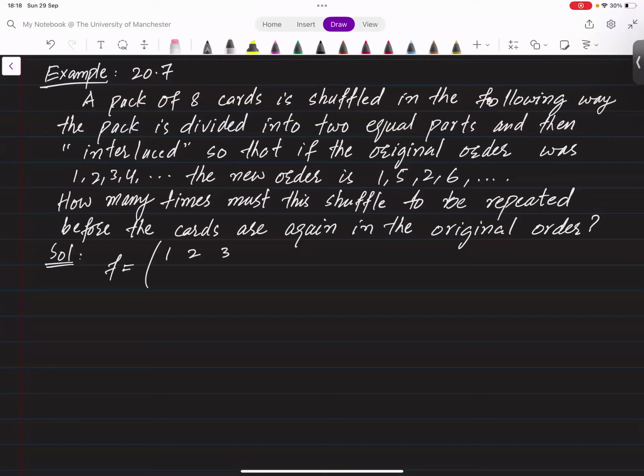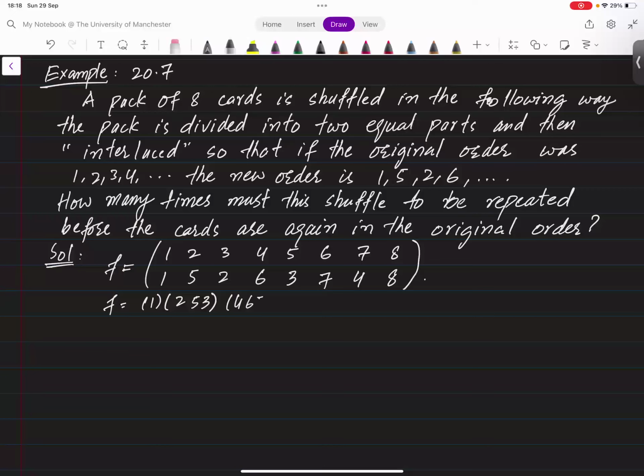We are sending 1 to 1, 5 to 2, 2 to 3, 6 to 4, 3 to 5, 7 to 6, 4 to 7, and 8 is fixed. So in cycle notation, F can be written as (2 5 3)(4 6 7), and 8 is fixed.